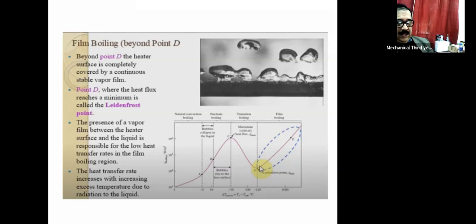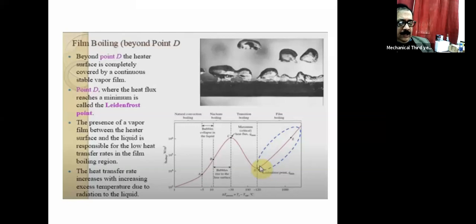Actually, what happens from this point is that the heat transfer is by evaporation and radiation.